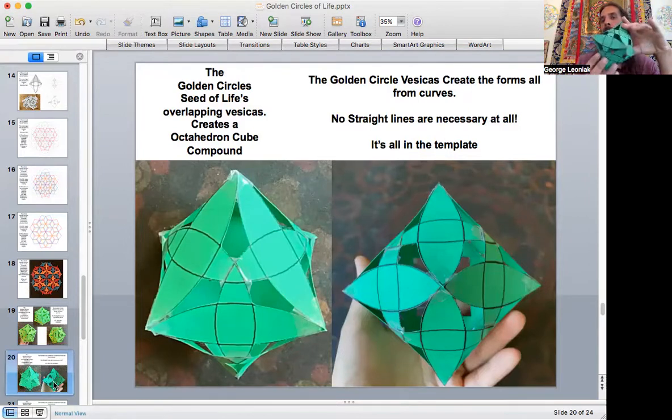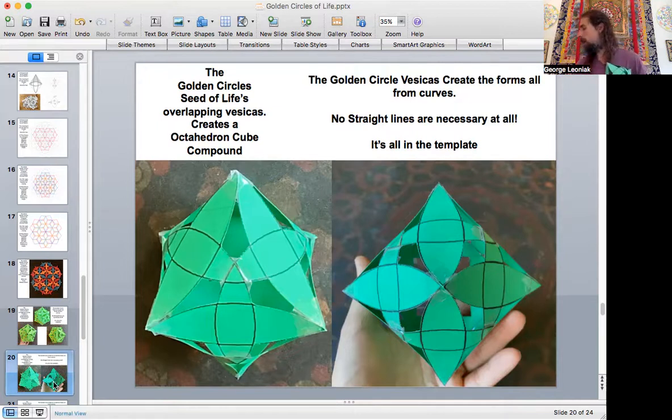But once I had the connector of the cube, which is, once again, the same cube as this one, because I'm carrying over the longer green vesicas, they're going to meet at the 6 points around that and create the octahedron. So there was the octahedron.